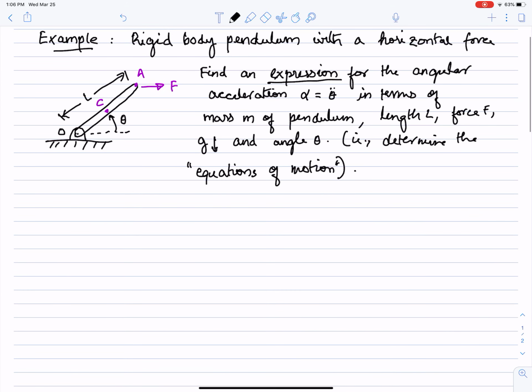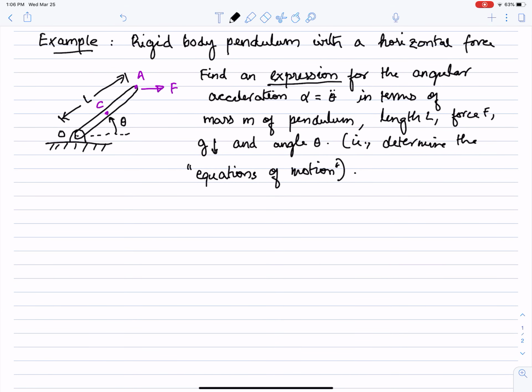Now, how do we approach this problem? As we've discussed, the two primary principles that we use are F equals ma and sum of moments equals I alpha, and their various generalizations or variants. But to use either one of those, step one is always draw the free body diagram. So let's draw a free body diagram of this object.